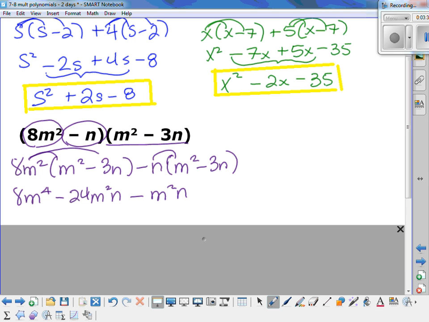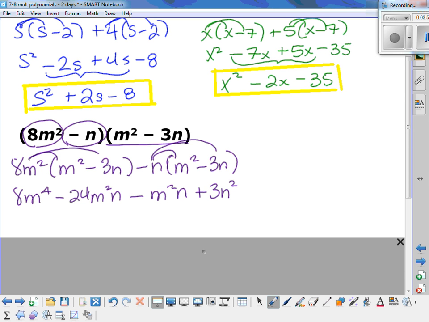I write them in alphabetical order, and that way it makes it easier for you to see your like terms. Because if I write n m squared, you might not notice it's the same as the one before it. So if you write them alphabetical, you won't run into that problem. And then we do negative n times negative 3n, so it becomes a positive 3n squared. And then combining my like terms in the middle here, I have 8m to the 4th minus 25m squared n, and then plus 3n squared.